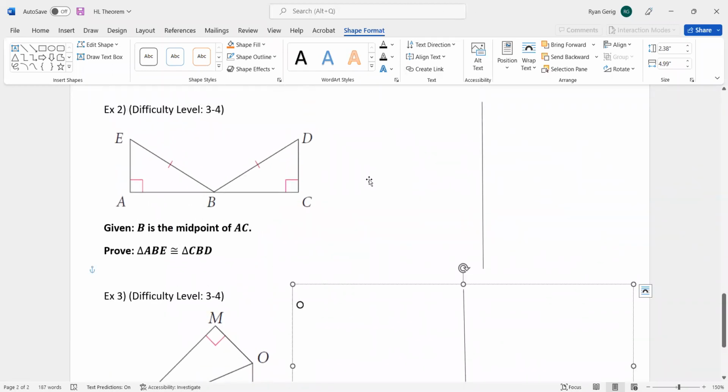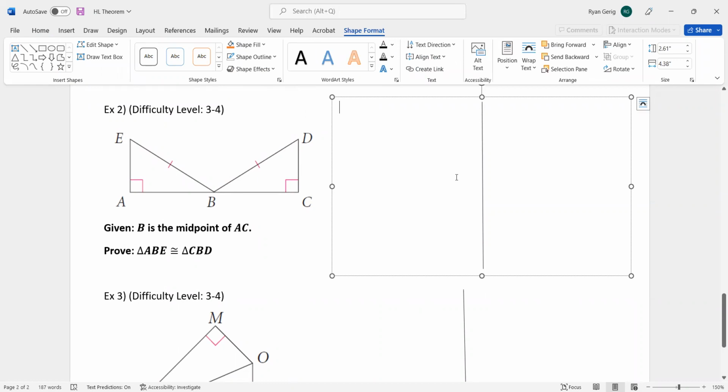So I'm going to type again. Statement 1, you can do a couple different things. You got 3 pieces of given information. I'm going to start with the right angles because that's what this is all about. So angle A and angle C are right angles.